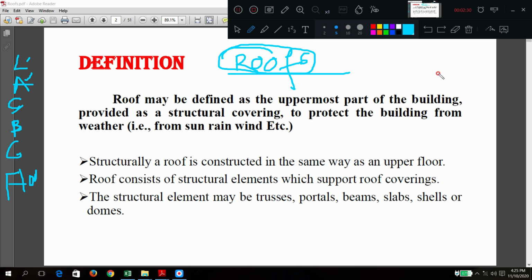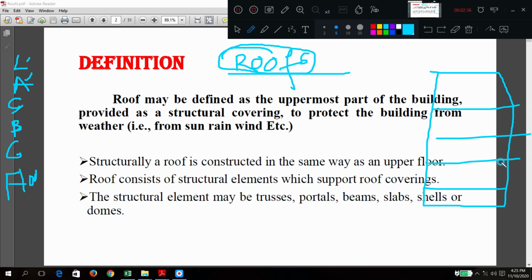Very important. In the beginning we said that the intermediate things are called floors. This is the ground floor, this is the intermediate floor, and the topmost one is called the roof, the topmost portion of the house.